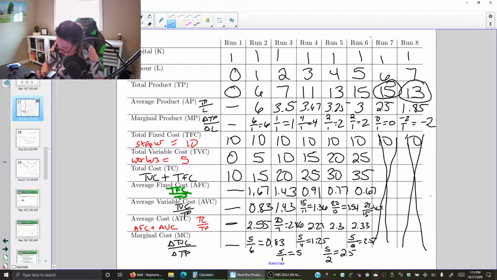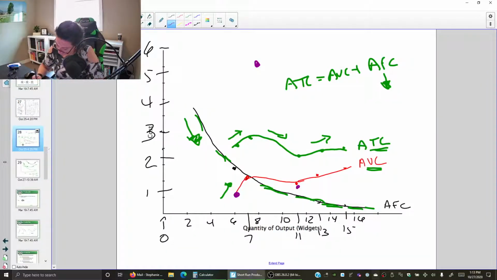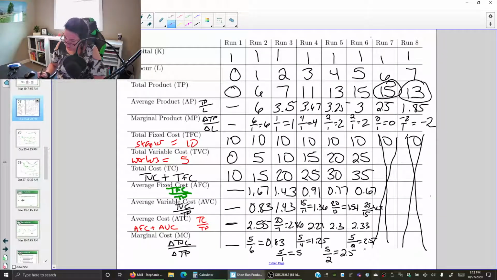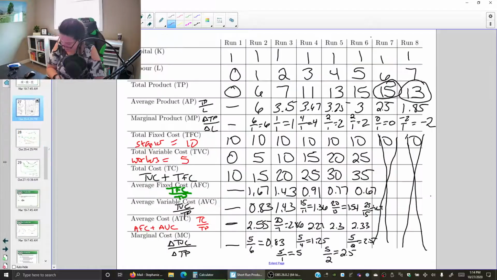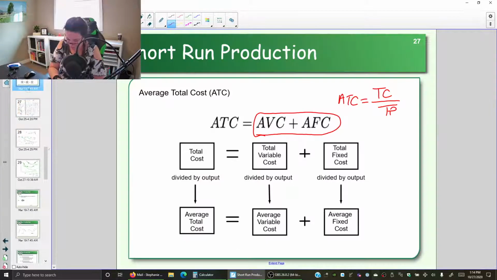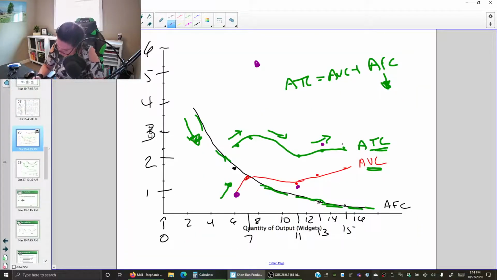And let's just check here, which is above the average total cost. Okay, and then at our output of 15, it's also at 2.5, which is above where we were before. Okay. All right, so let's connect those dots.